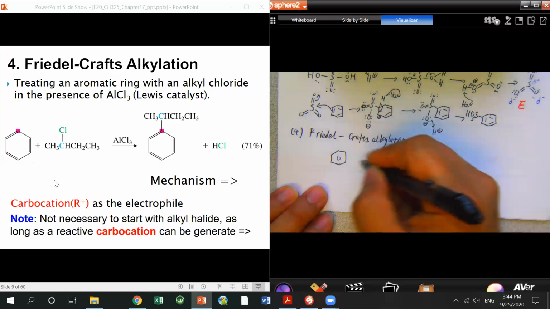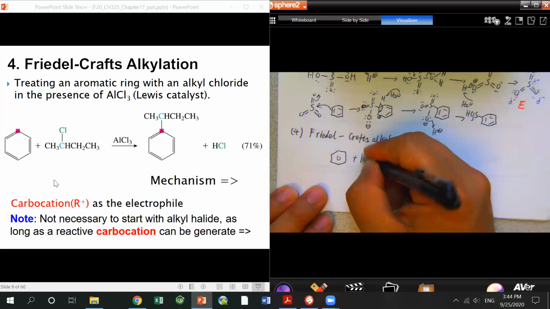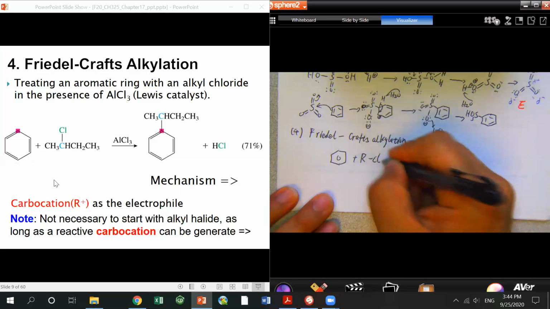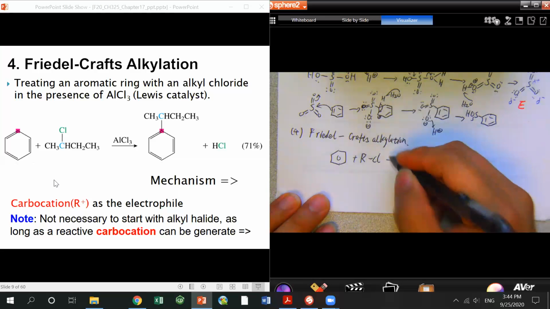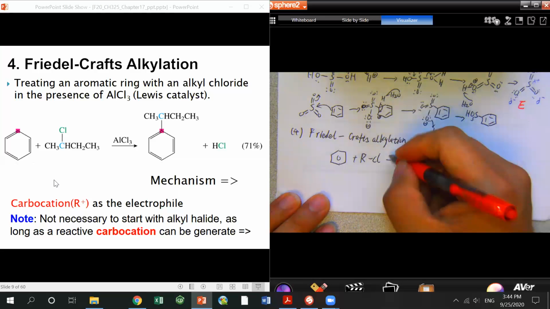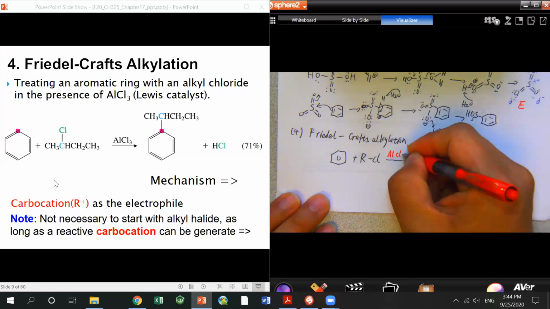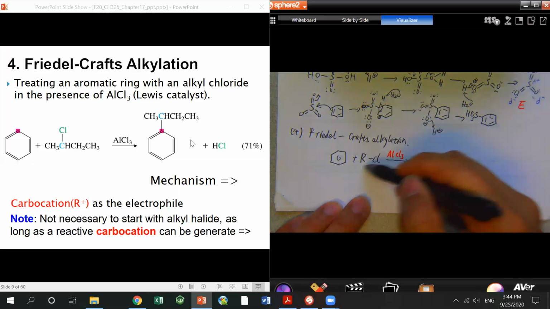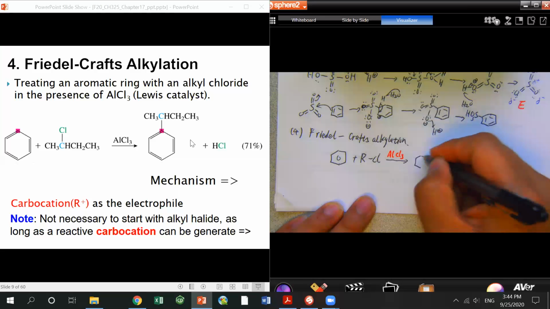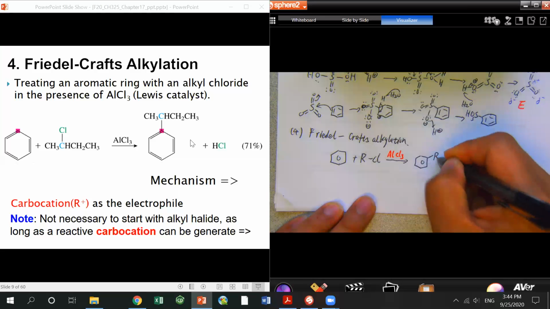We have benzene, which reacts with an alkyl chloride, using aluminum chloride, AlCl3, as catalyst, and then you can put the alkyl group onto benzene. That's why it's called alkylation.